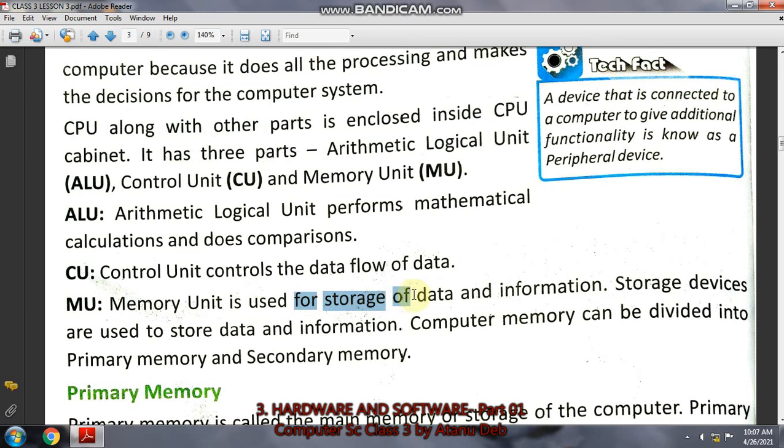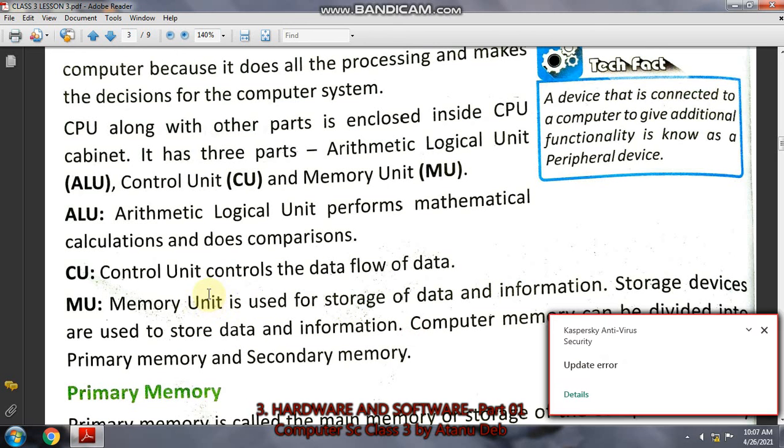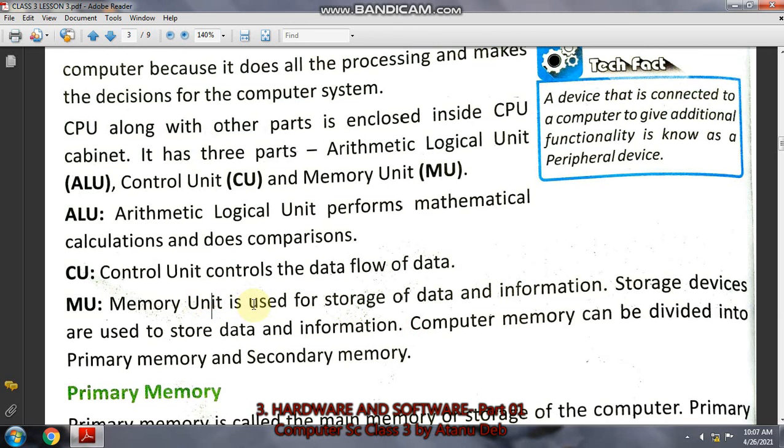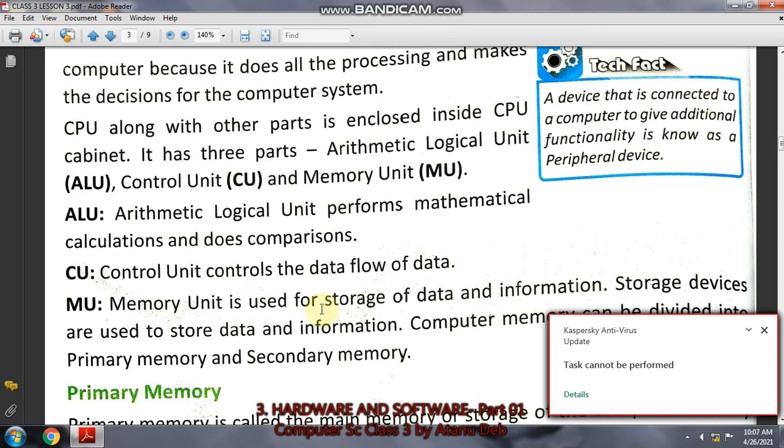Memory is used for storing of the data. Like you learn answers, and the answers are stored in your brain. Similarly, whenever you save a file, whenever you are doing some calculation, and that thing is saved in the computer, in one part of the computer, that part is called the memory part of the computer.